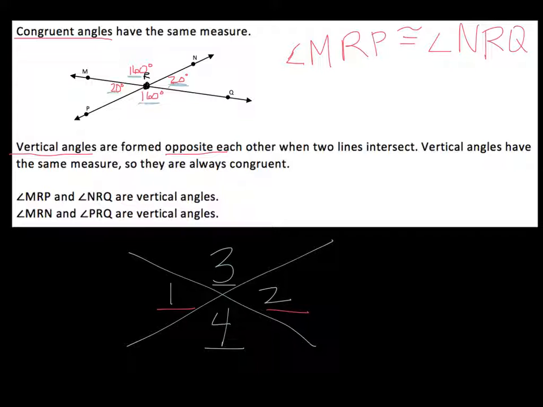And if we remember, congruent means the same measure. So I would draw this diagram in your notes. I would write this right here so you have the reference saying angle MRP and NRQ are vertical angles because they're opposite of each other. Now again, like everything, the more we practice, the easier this will be, the more ingrained in your brain it will be. So let's keep going on.